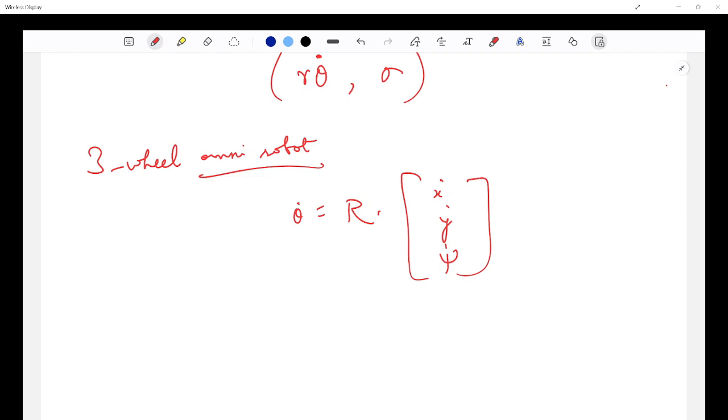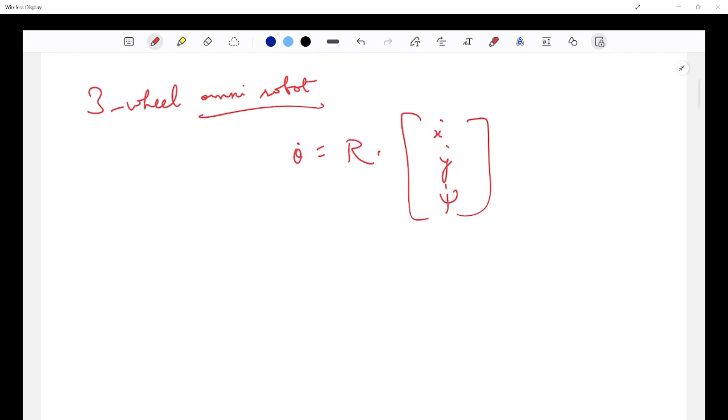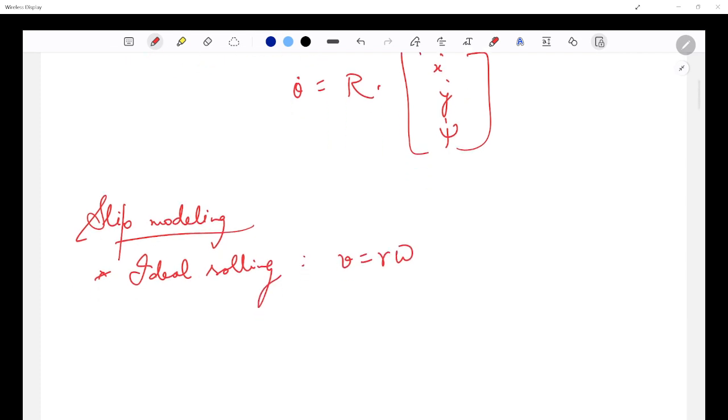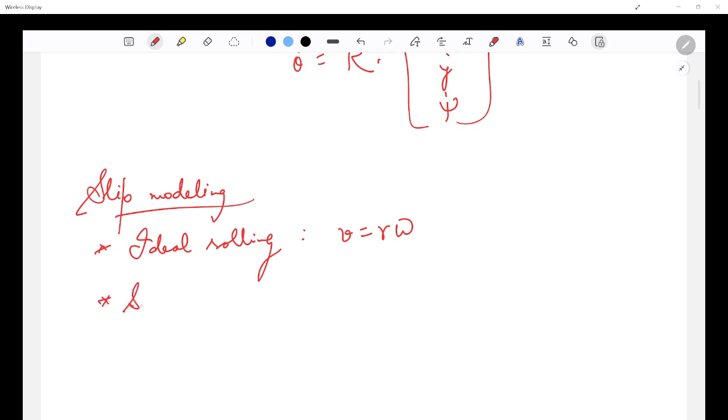Apart from this, you might have also seen in the lecture slip modeling, right? And what do we see here? If it is a case of ideal rolling, V is equal to R omega. But slip definition, lambda is equal to theta dot minus omega star upon omega star, right?